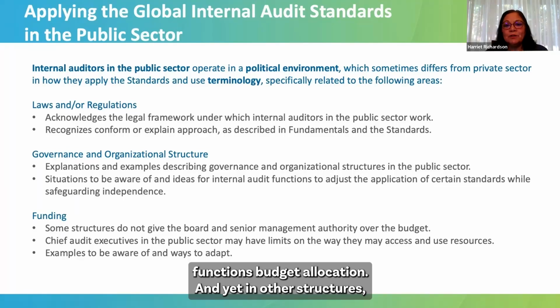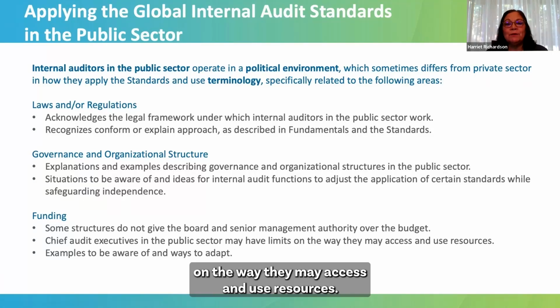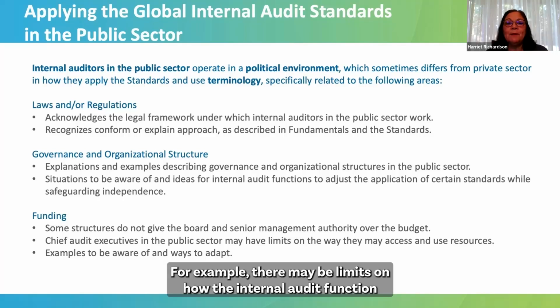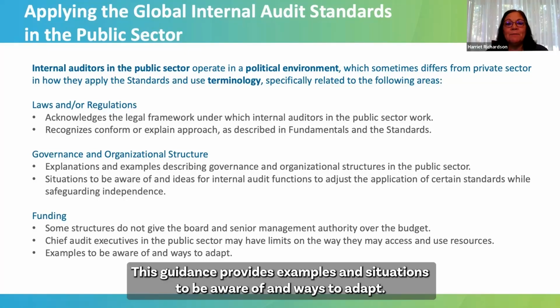And yet, in other structures, the chief audit executives in public sector may have limits on the way they may access and use resources. For example, there may be limits on how the internal audit function may spend its allocated funds. This guidance provides examples and situations to be aware of and ways to adapt.